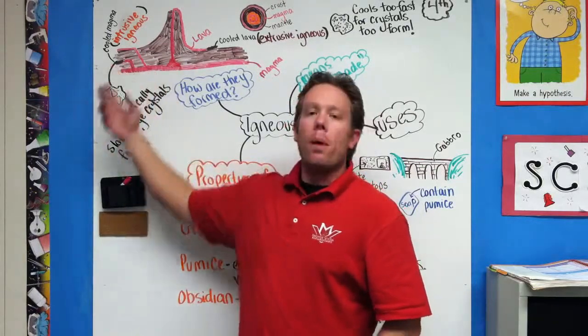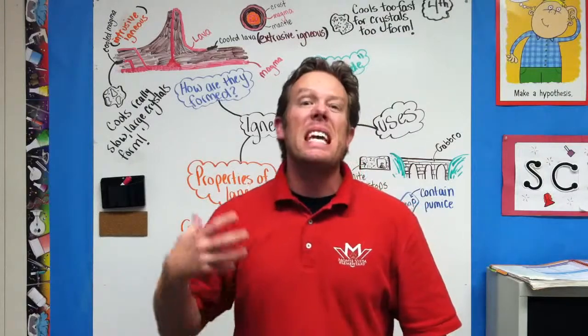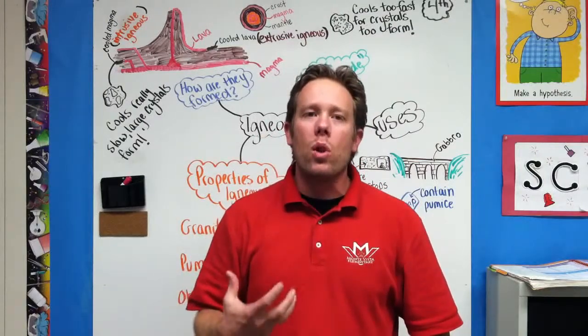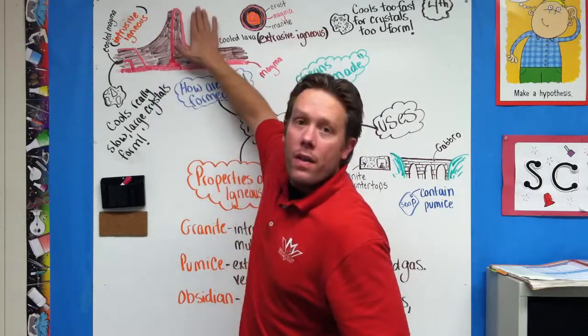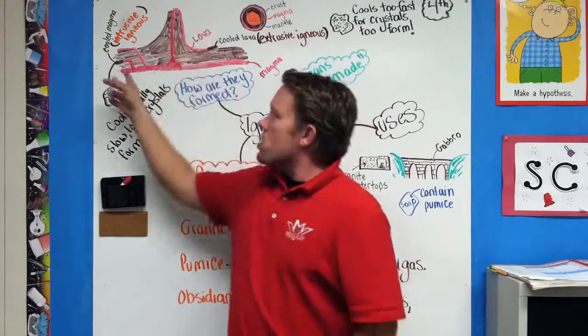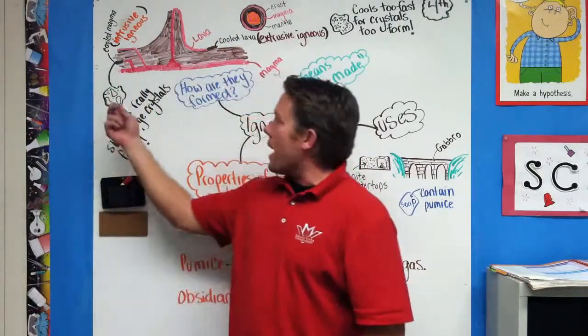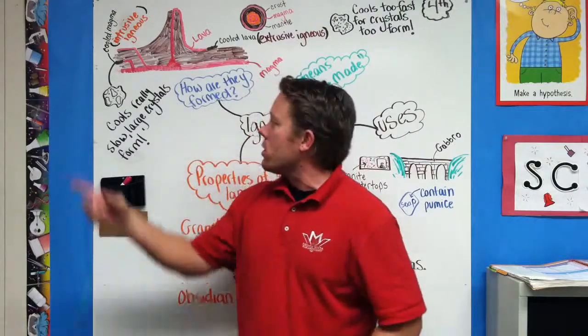So once it gets into this pocket, it can cool off, but it can sometimes take thousands of years to cool off because it's not exposed to the really cold air that it would be if it would have made it to the top of the crust. So because it cools very slowly, like I mentioned before, the slower it cools, the bigger the crystals.